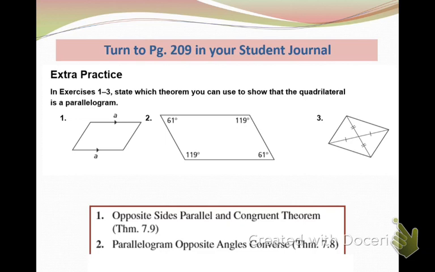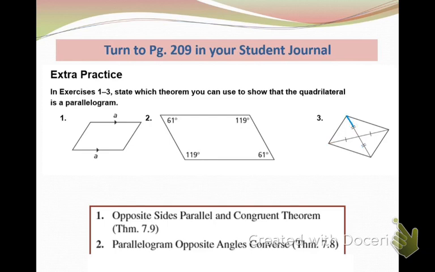And then number 3, we have lines with these dashes that show that they're congruent. These are the diagonals because they go from one vertex to the other. The diagonals clearly bisect each other, because when this orange one goes through the black one, it cuts it perfectly in half.